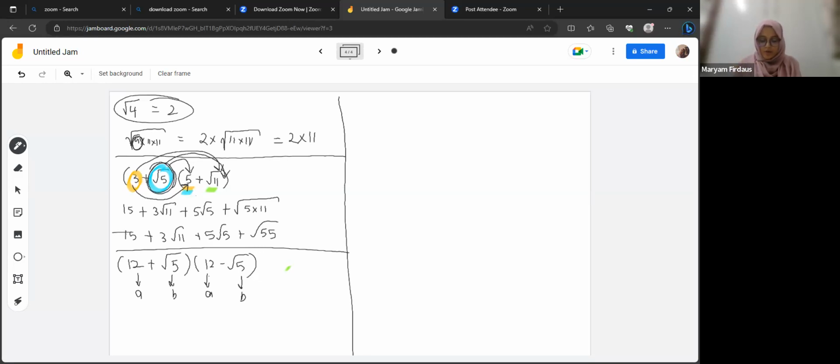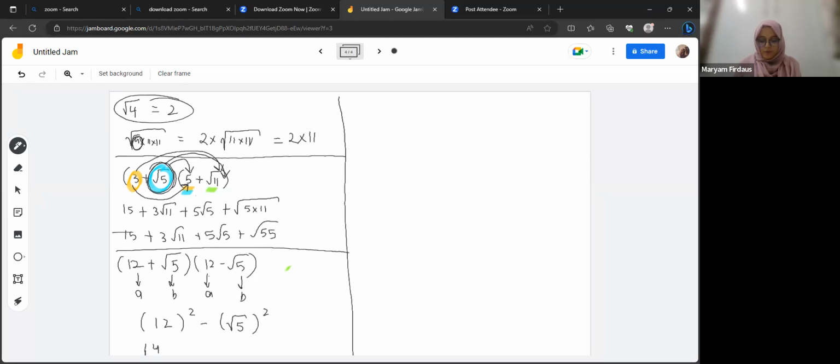So this will be what square minus what square again? 12 square minus root 5 square. So what is 12 square? 144.